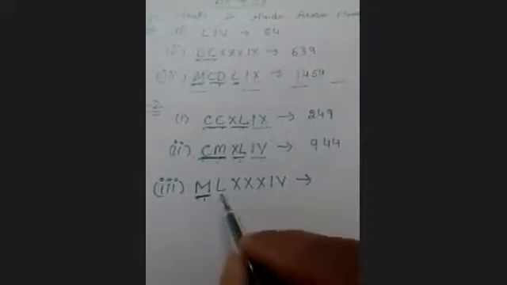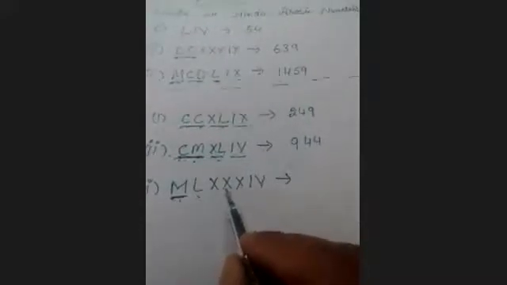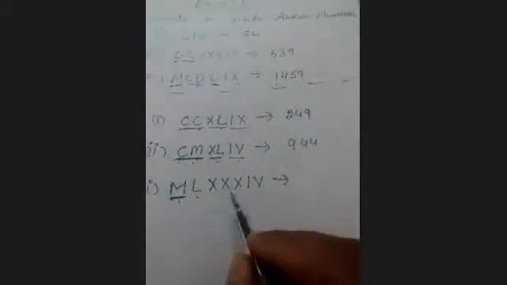M means 1000. L means 50, so 1050. Then XXX: 60, 70, 80, so 1080.